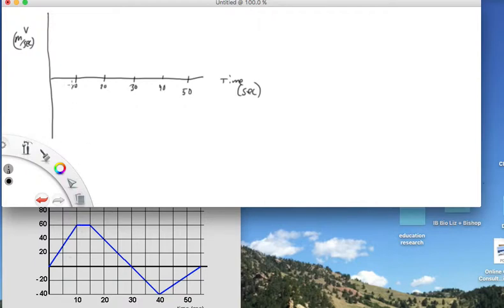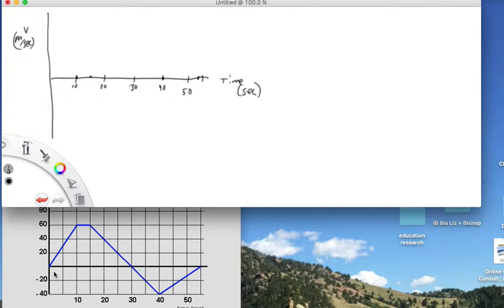So I know 10 seems to be a major point. 15 seems to be a major point as well. And 40 seems like a major point because it's changing its rate right here. And it goes all the way to 55. Okay, 55 is probably around there.